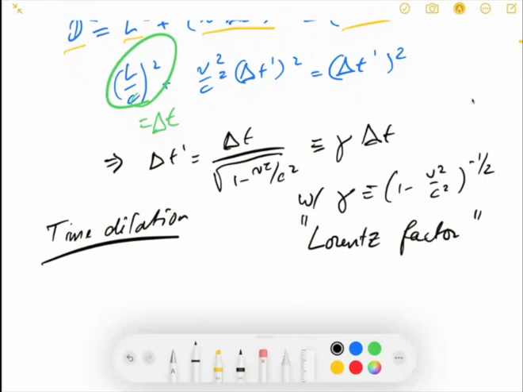Because the way we usually think about time dilation, when we talk about twin paradoxes, is that if you're moving with a certain speed, your clock slows down. That's what we mean by dilation, except that's actually not what it says. It says that your delta t prime is going to be bigger than the original delta t for a clock that is moving with the mirror. And because delta t prime is bigger, so that same interval is stretched, we're going to call that time dilation.